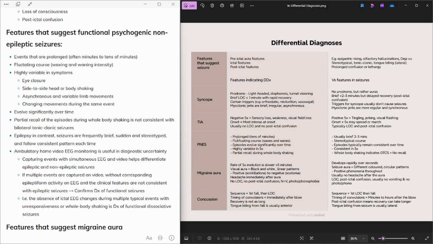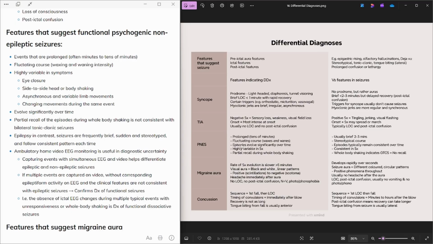These tend to be prolonged, lasting tens of minutes, whereas seizures are usually brief, lasting less than 2 to 3 minutes. And the course of PNES is typically fluctuating in nature, where it waxes and wanes in intensity, whereas seizures tend to be stereotypical and consistent, and they don't go up and down in severity during the episode itself.